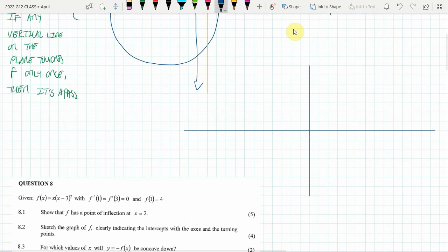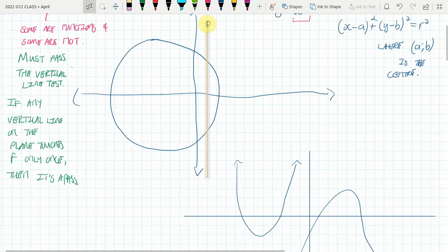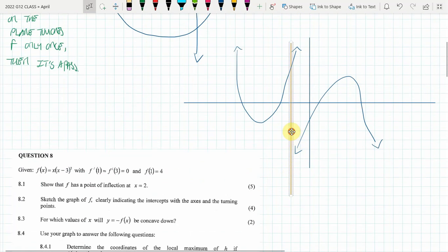A parabola can be concave up or concave down, but regardless, it will always pass the vertical line test. Can you see? Regardless where we position the graph, it will touch a curve only at one point. Similarly for the concave down parabola.